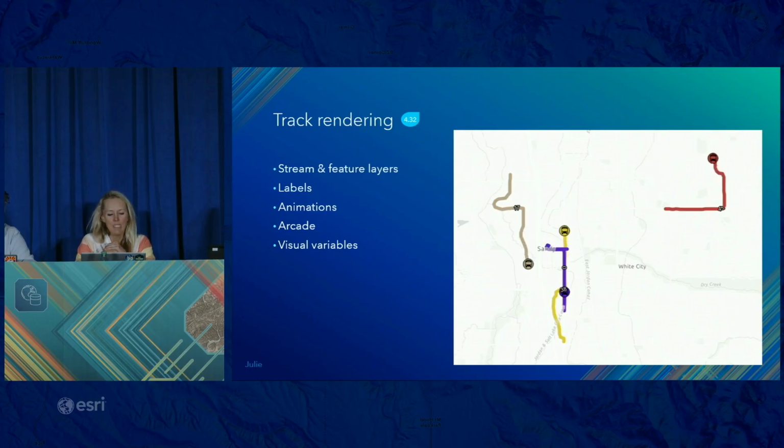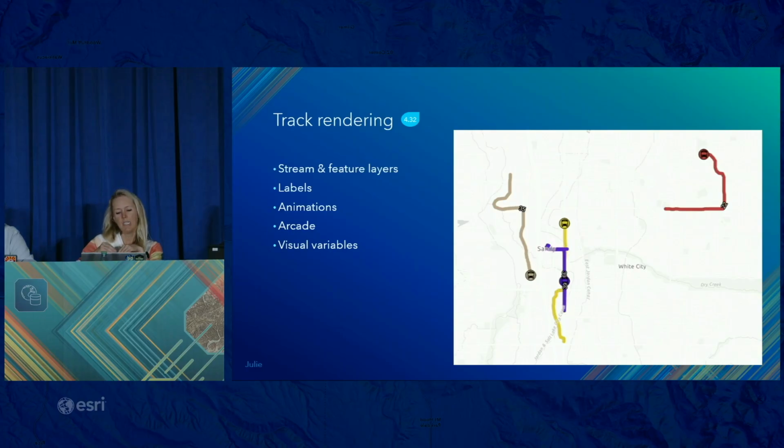This is something we could do in 3x, basically showing the tracks. But like many features, as we move something from 3x to 4x, we make it way better and add more functionality. So in the 4x implementation of track rendering, which was just released in 4.32 in beta, you can apply it not just to stream layers, but also to feature layers.